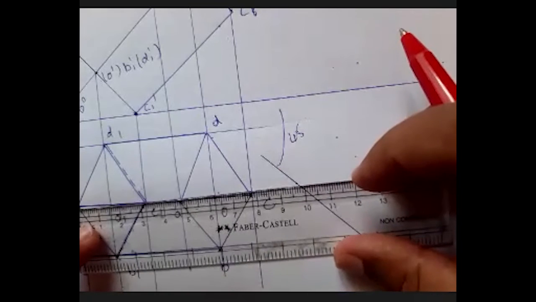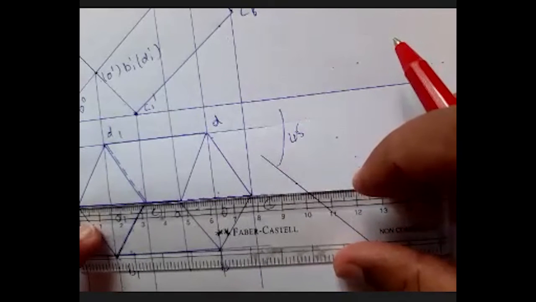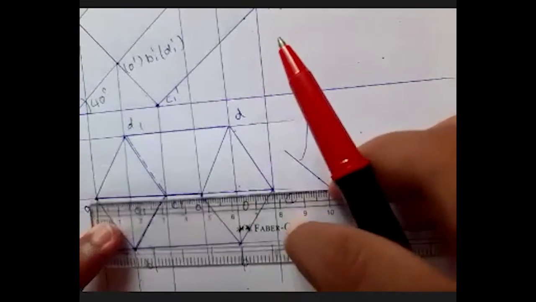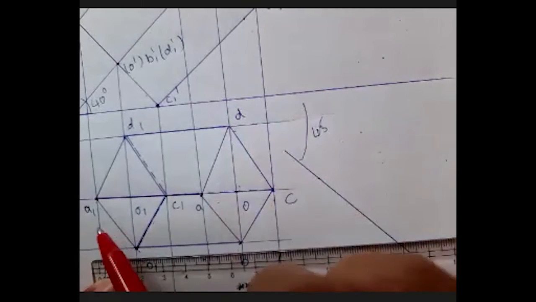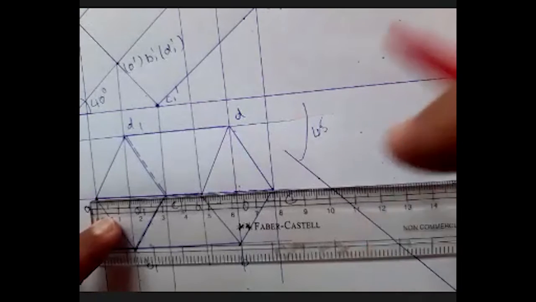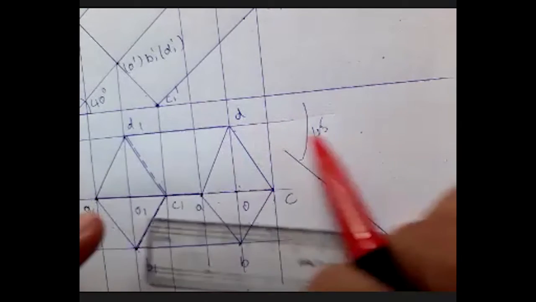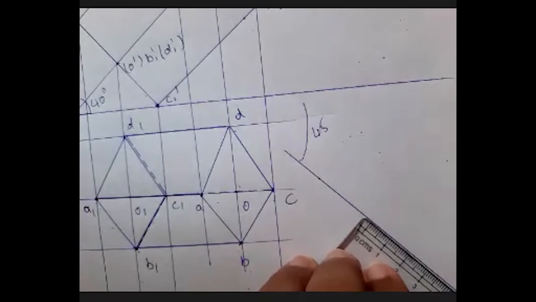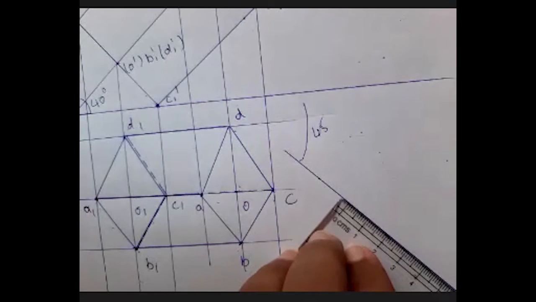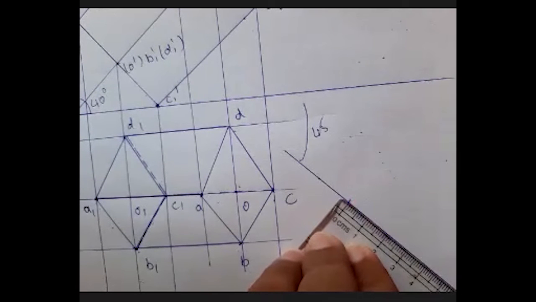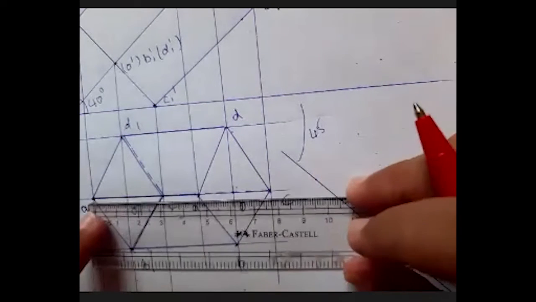So I know this whole length from A to C, that is A1 to C. I measure from A1 to C. It is 7.8 something. I'll just take it down: 7.8. Then I measure O1 from this point.